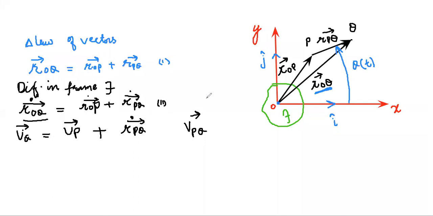Now, when you are differentiating this RPQ vector, you are differentiating it with respect to the ground frame of reference. But this RPQ vector is not drawn in the ground frame of reference. It is drawn in the rigid body frame of reference. I mean to say, we actually have these points P and Q, which are parts of some rigid body. We have some rigid body here, and these points P and Q are points of the rigid body.